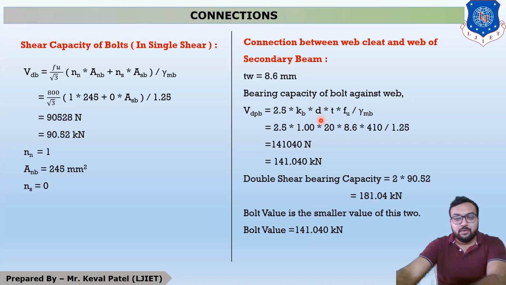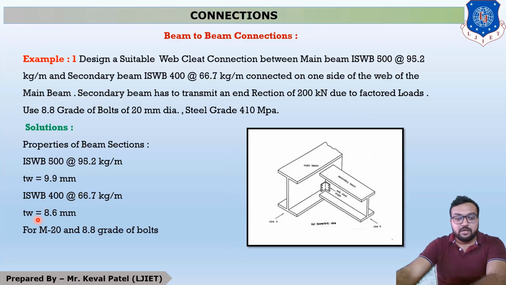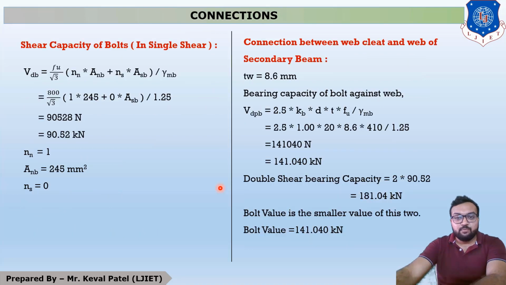Okay, now d means diameter of bolt, it is 20 mm. t means at which portion your bolted connection has to be made. It is on the web portion, so we have to use tw. For the secondary beam, our value of tw is 8.6 mm.